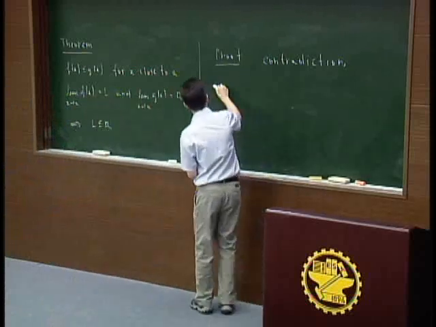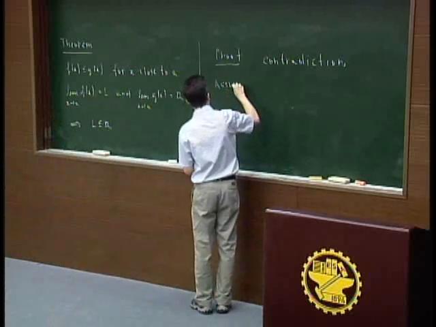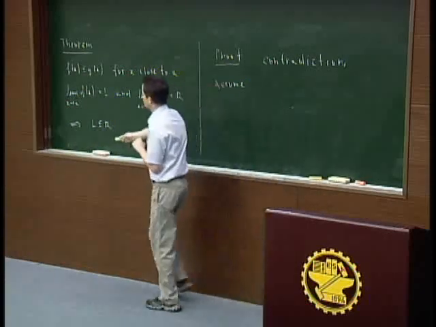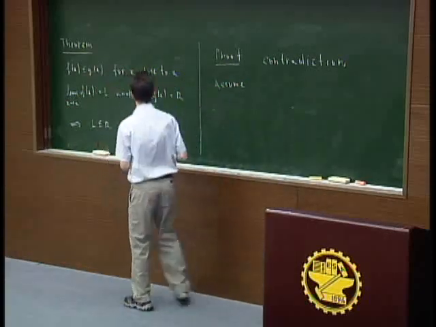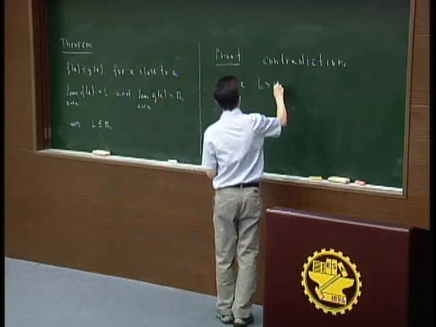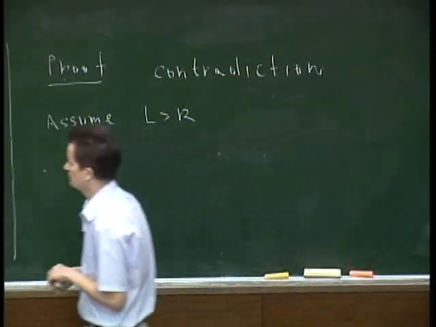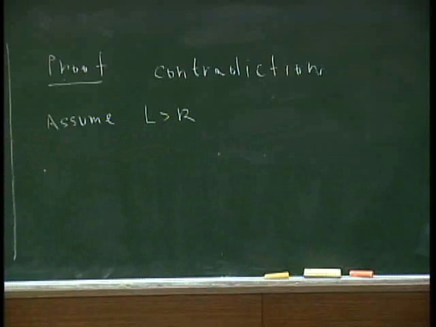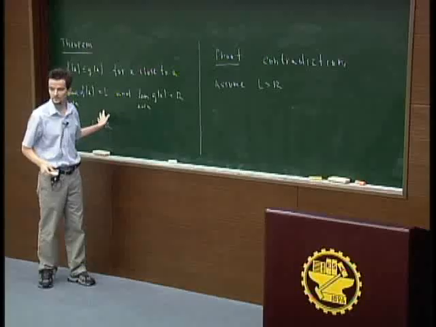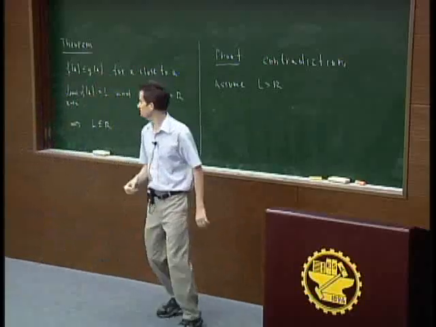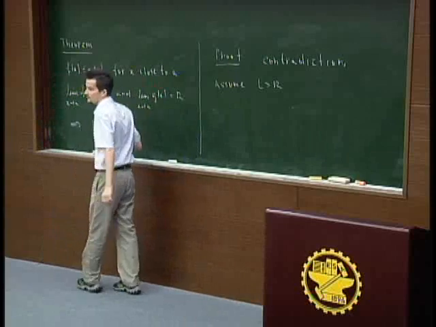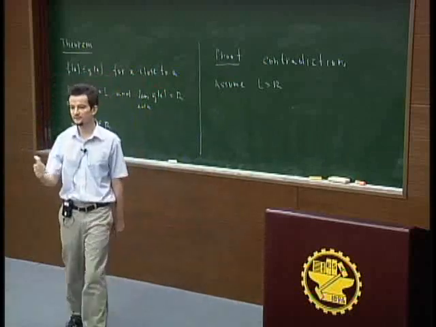Okay, so we assume that this is wrong. Okay, so L is larger than R. Now, you see already, we know that those two limits exist, okay? And we have already proved that if two limits exist here, then the limit of the difference also exists, and this is the difference.